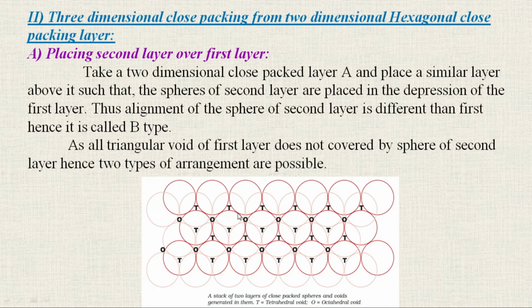The octahedral void is formed by covering the trigonal void of the first layer by the trigonal void of the second layer, and it generates an octahedral void. These types of void we will discuss in more detail in the next slides.